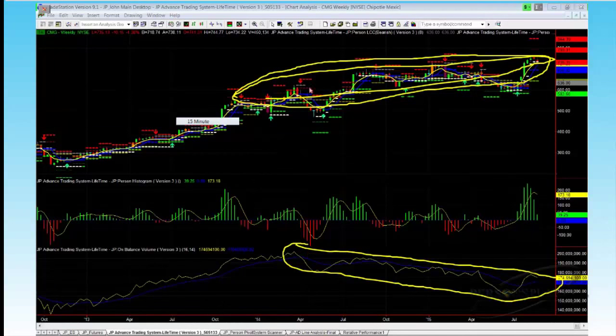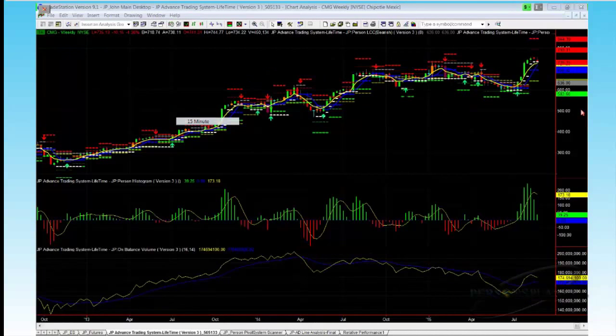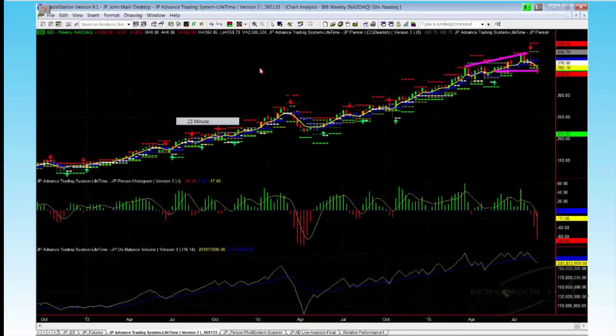That combination is very scary over the long haul. Now you've got to admit, it held up pretty well today, relatively speaking.